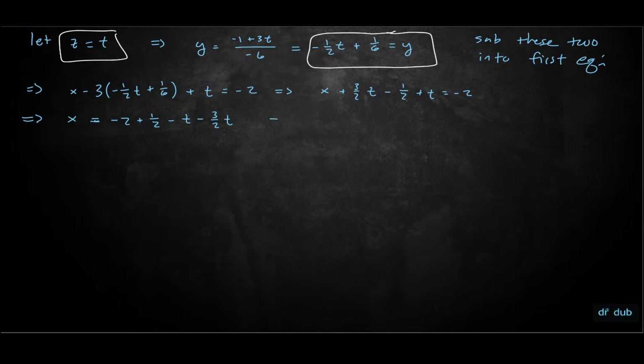And combining all this, we get x equals -2 plus 1/2 is -3/2, and -1 minus 3/2 will be -5/2 times t. And so that is our parametric equation for x.